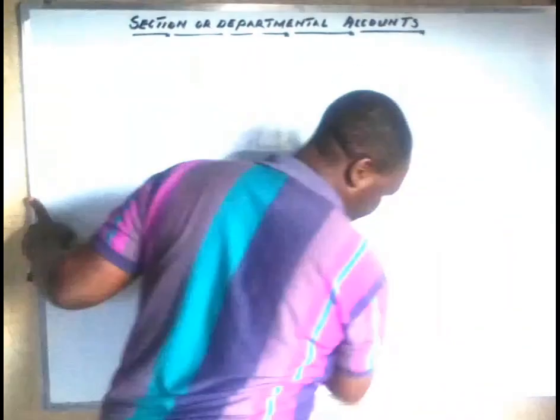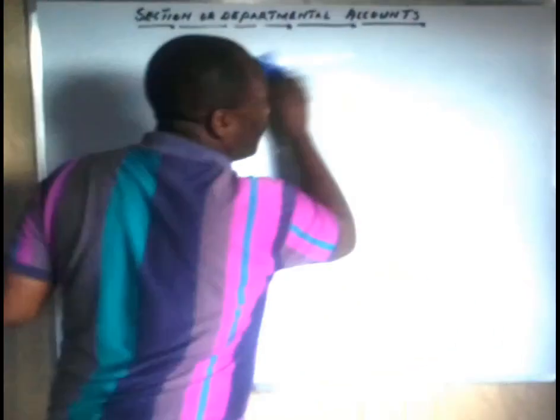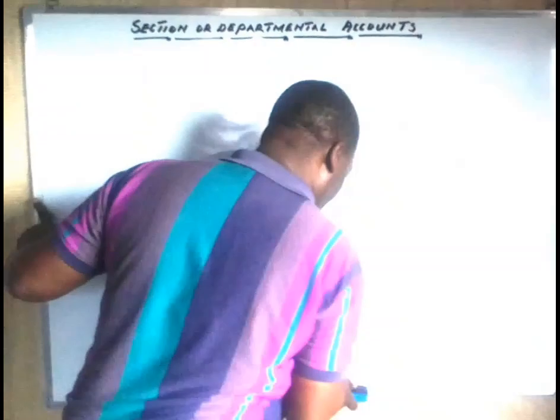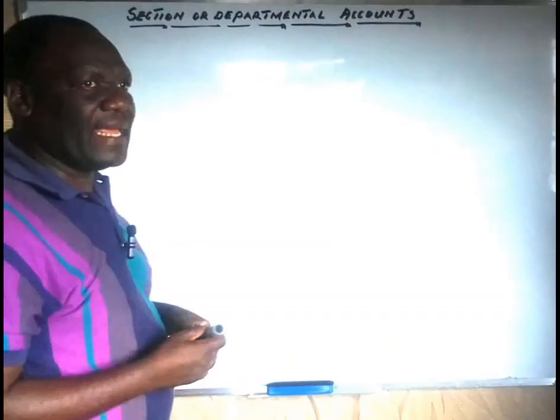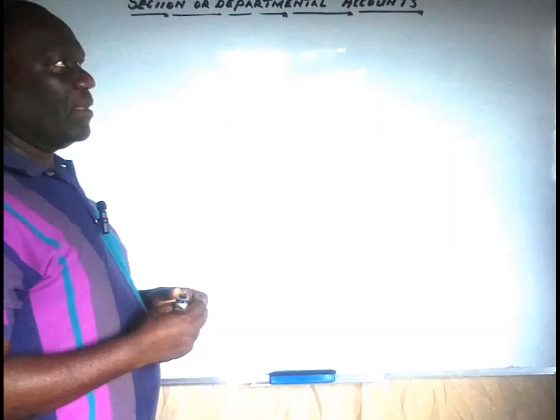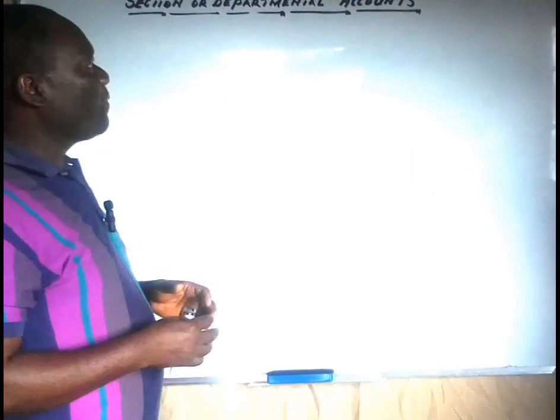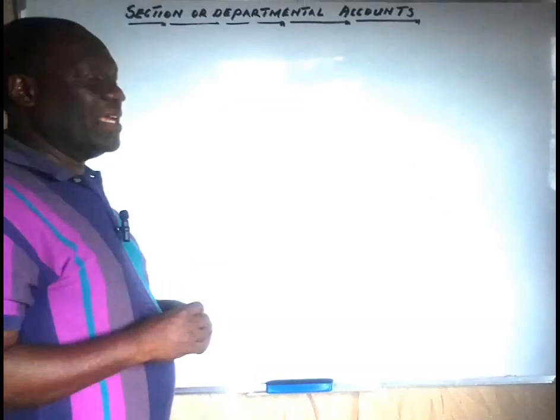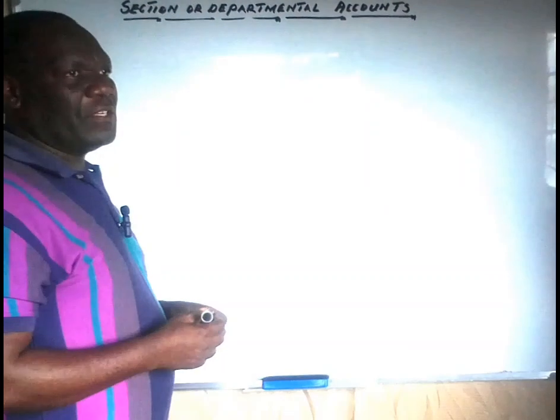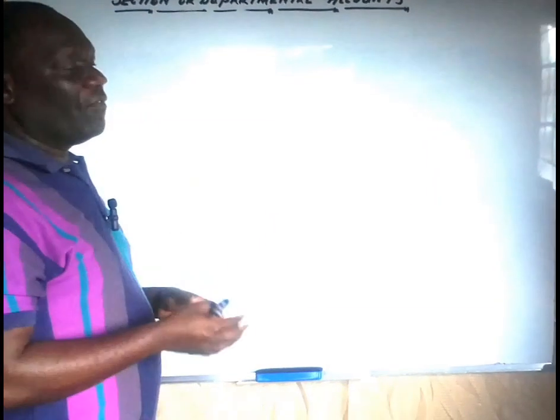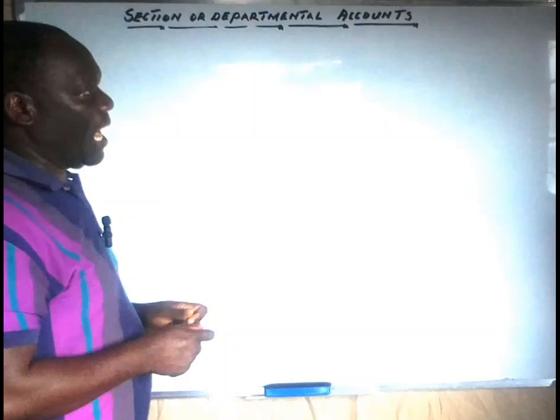Okay, so what we need to do before we start, this is an income statement. Let me put an emphasis. This is an income statement for departmental or sections of the business for Mr. Chabu.